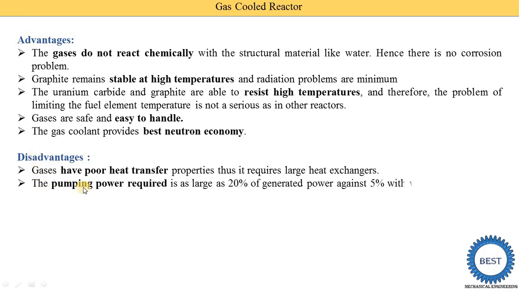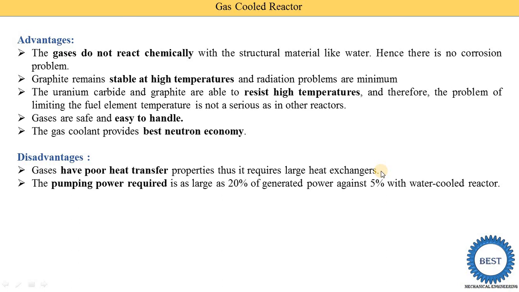Second disadvantage, the pumping power required is as large as 20% of generated power against 5% with water cooled reactors. In a water cooled reactor we use a pump, and water is incompressible, so its pressure is easily increased. The pump requires only 5% of the power produced by the nuclear power plant.